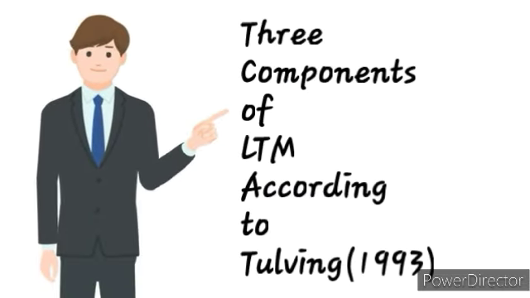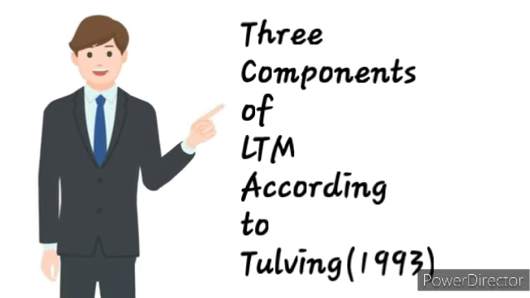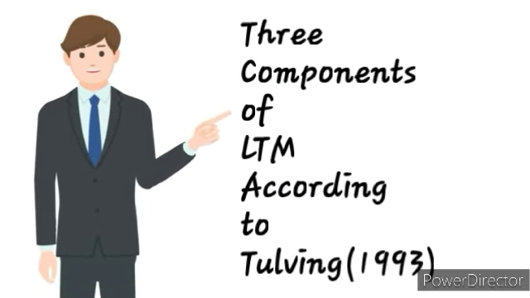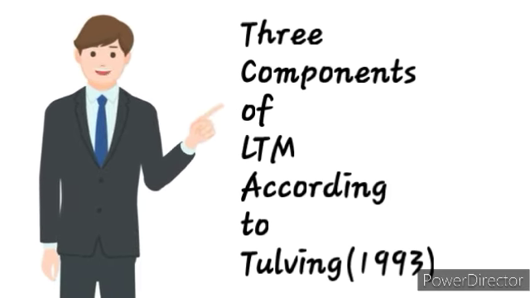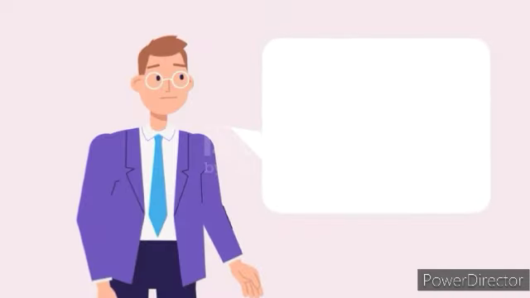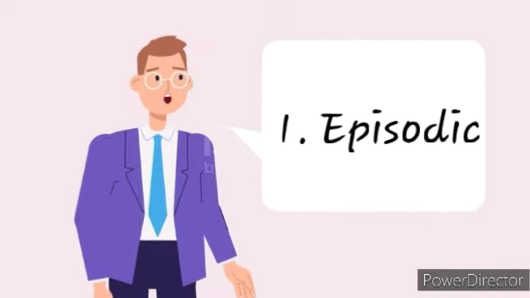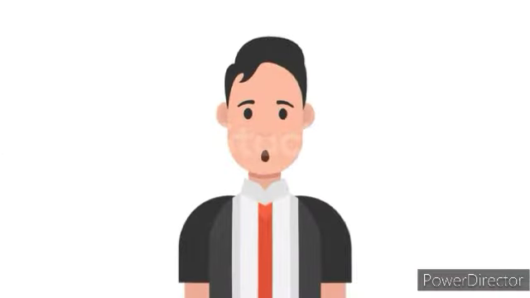So there are also three components of long-term memory according to Tulving, 1993. First, episodic. It is the recall of the particular time and place, events and dates of one's personal experience.